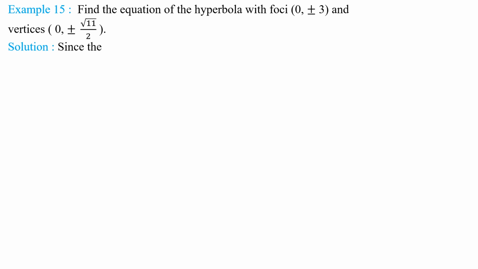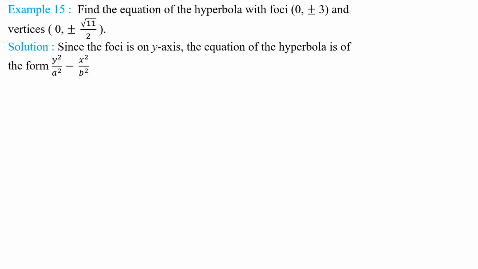Now come to the solution part. Since the foci are on the y-axis, the equation of the hyperbola is of the form y square by a square minus x square by b square is equal to 1. Understood this point, my children?